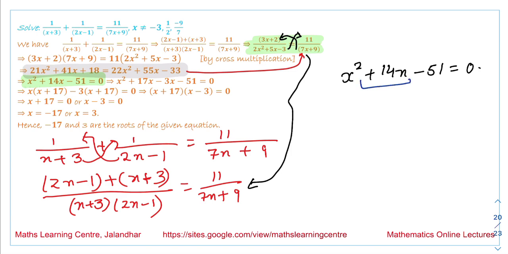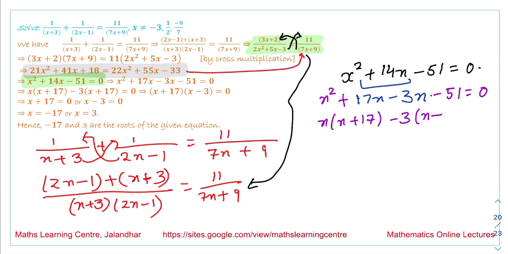On splitting this middle term, we have 17x minus 3x. So our equation becomes x square plus 17x minus 3x minus 51 is equal to 0. We take x common, so it is x plus 17, and minus 3 common, so it is x plus 17. So we get x minus 3 into x plus 17 is equal to 0.